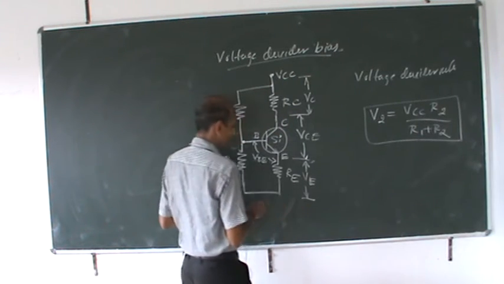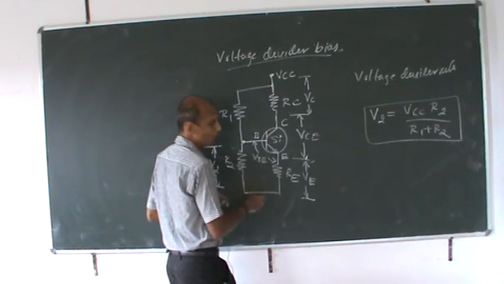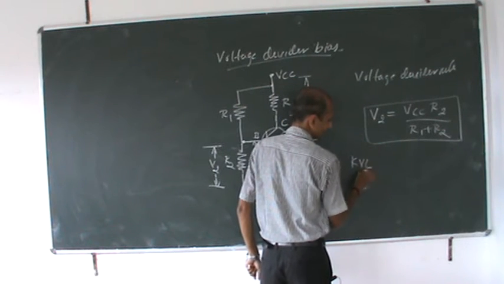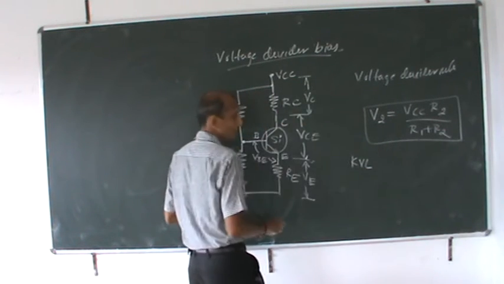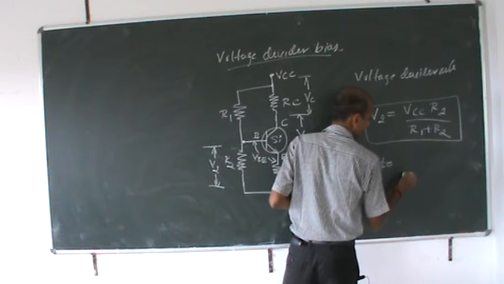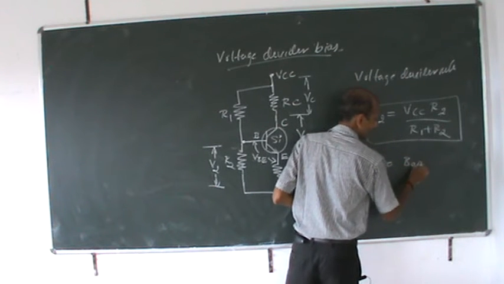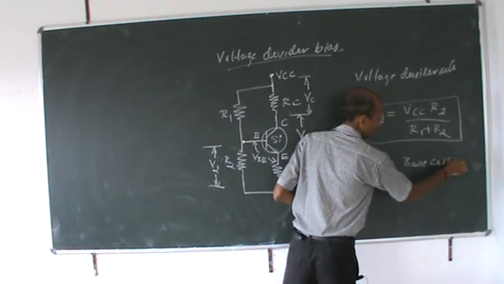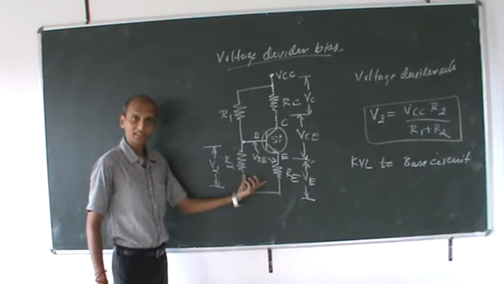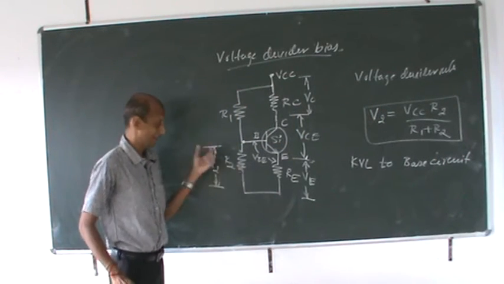Now if I apply KVL to this loop, the base circuit, what will I get?